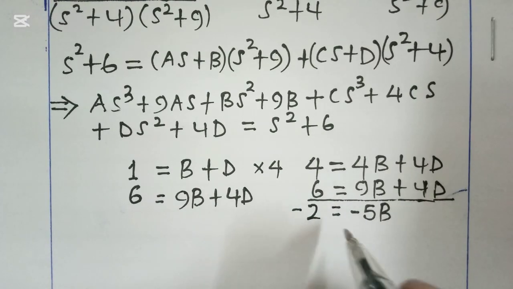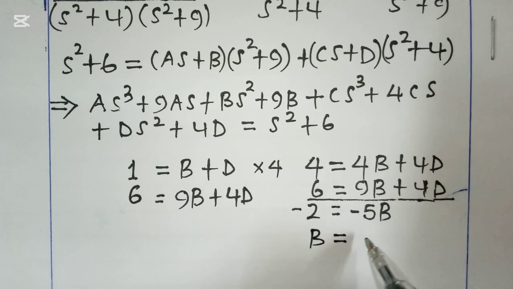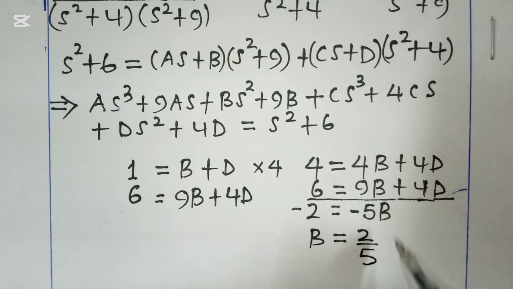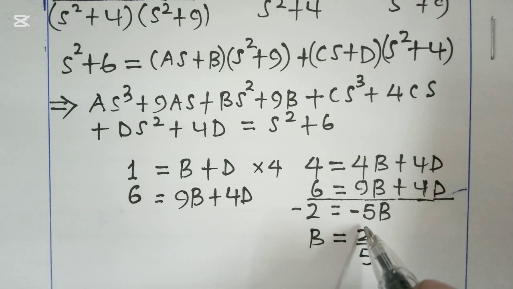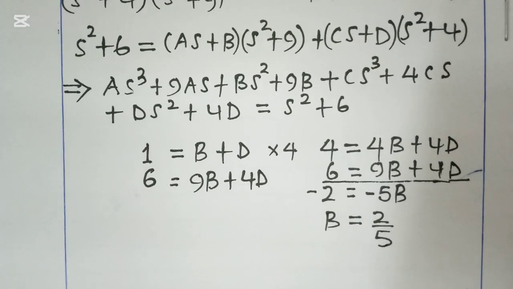And so therefore, our b is going to be equal to 2 over 5, that is negative 5 divided by negative 5. So we get our b as that.